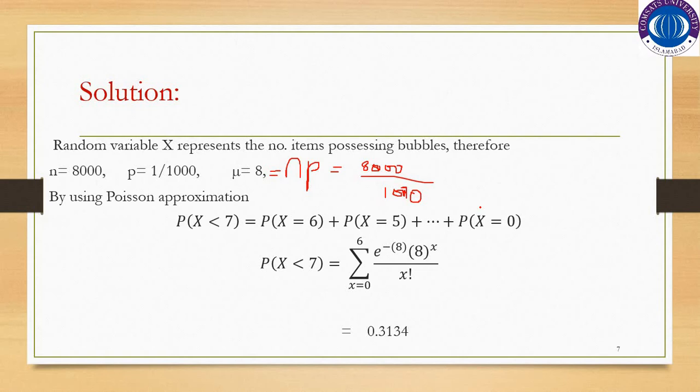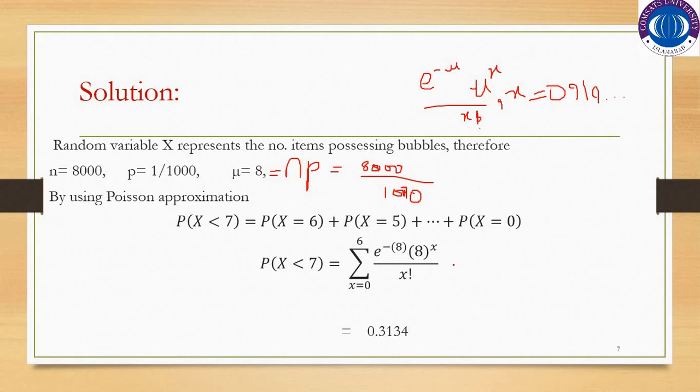It will end at probability x is equal to 0, as we know that the probability function is e raised to power minus mu, mu raised to power x over x factorial, where x is equal to 0, 1 and so on.